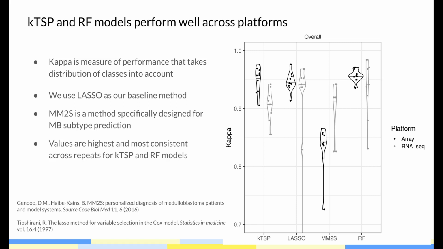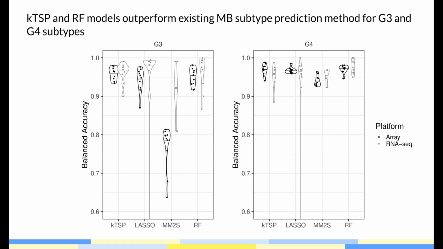You see that the values are highest and most consistent across repeats for the KTSP and the random forest models. However, they are comparable to the lasso model, although the lasso model appears to have an outlier that is skewing that RNA-seq data. KTSP and random forest models also outperform these existing prediction methods when we look at the specific subtypes.